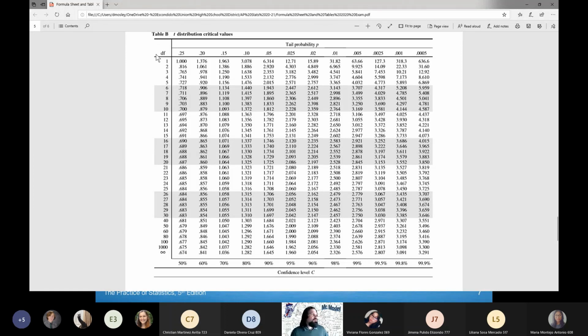Notice we have our degrees of freedom column. We have our confidence level that goes from 50% to 99.9%. All the entries inside are critical values t star based on your degrees of freedom and the confidence level you want. We are not really using the tail probabilities right now, so we're not considering this top row yet.